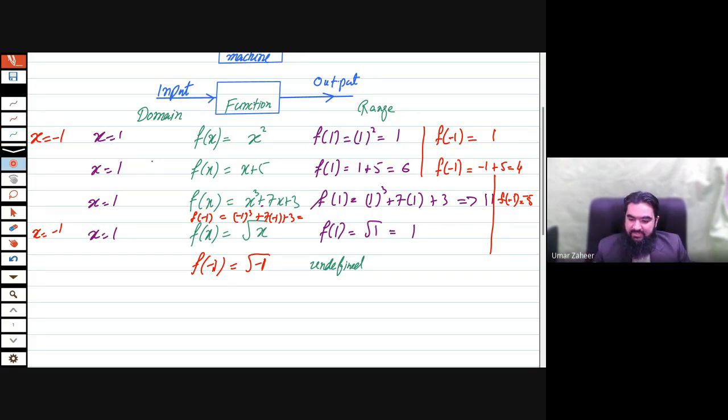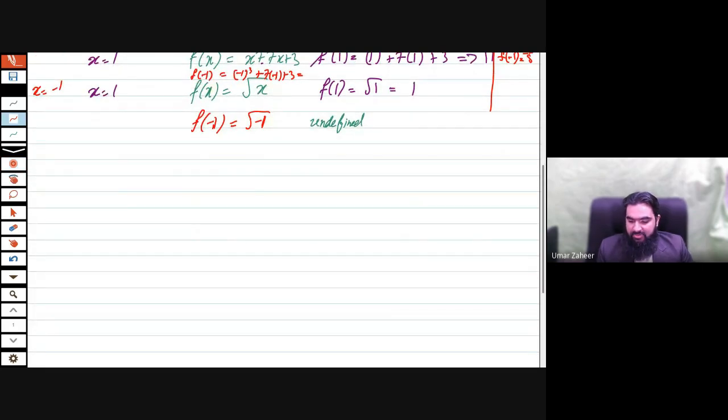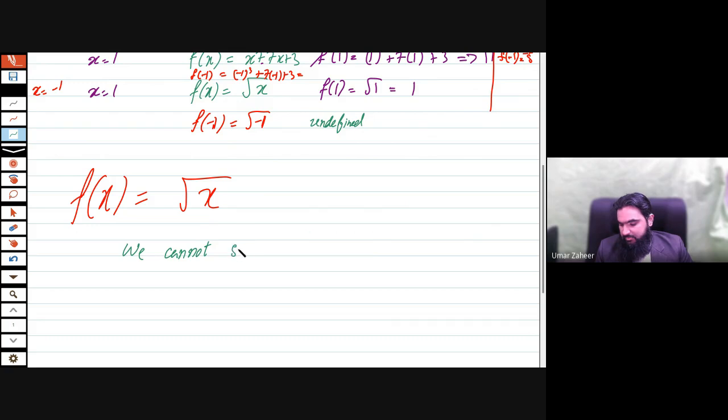So that's why I'm saying that the values that you can substitute into the function are the domain of the function. If I'm talking about a specific function, f of x is equal to square root of x, we cannot substitute any negative value.